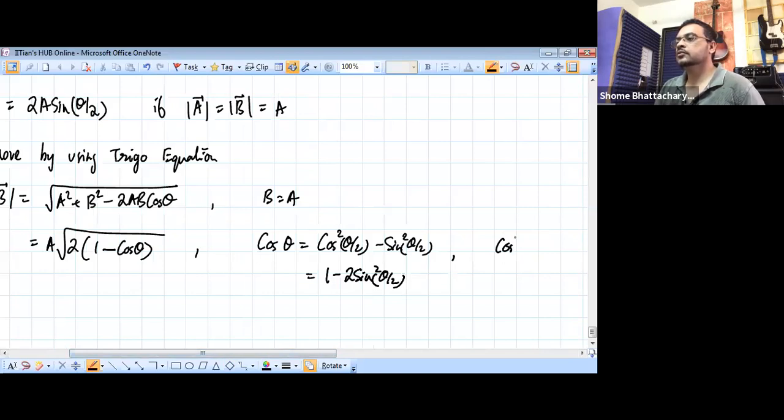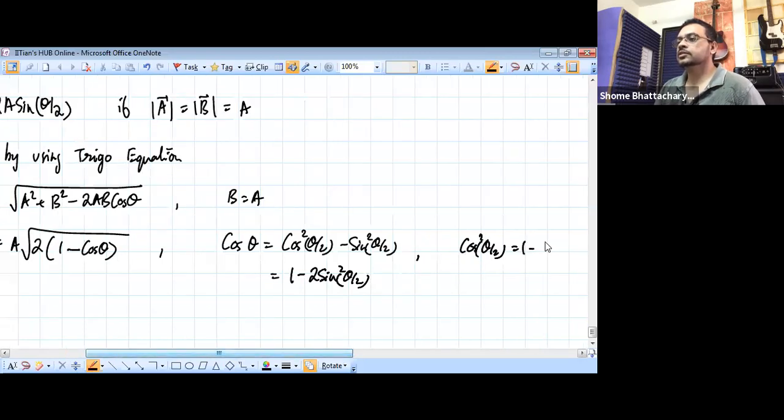This is using the fact that cos square theta by 2 is 1 minus sin square theta by 2. So put that here. So that will be this step. Cos theta can be expressed like this.